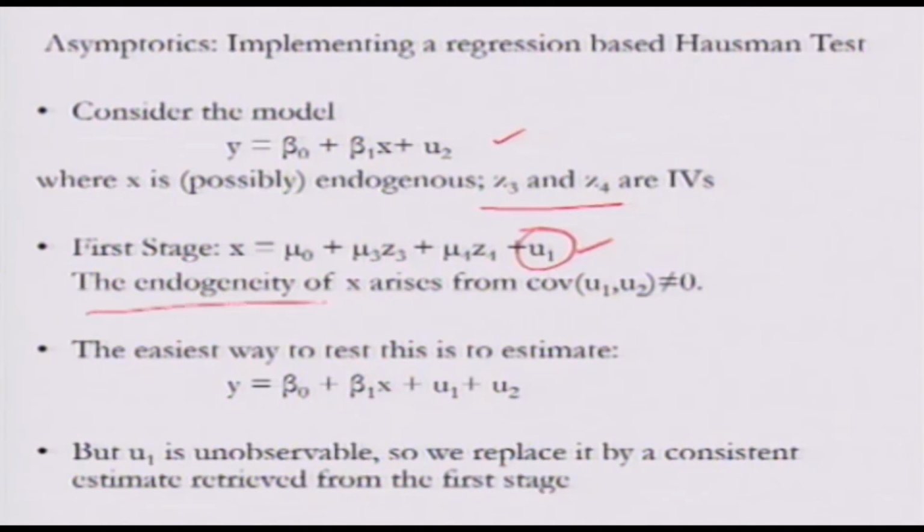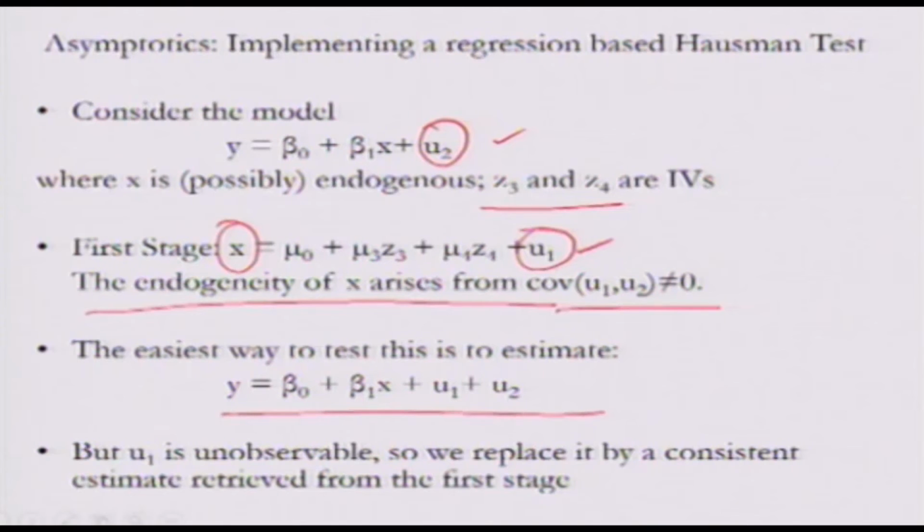The endogeneity of x implies that this error term is correlated with u2, the structural error term. So by including u1 in the structural regression, you just want to find out whether u1 and y are correlated or not. But the problem is that you observe neither u1 nor u2.